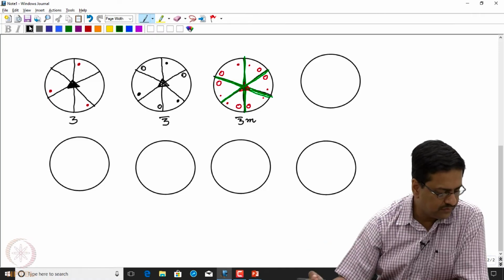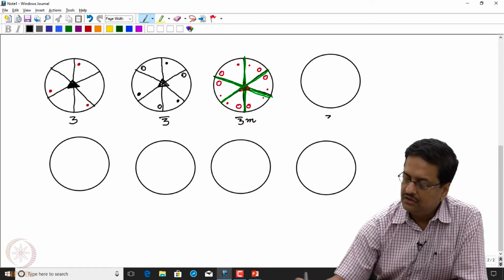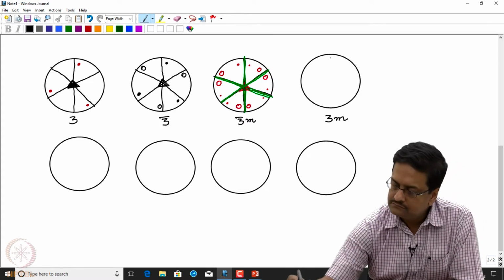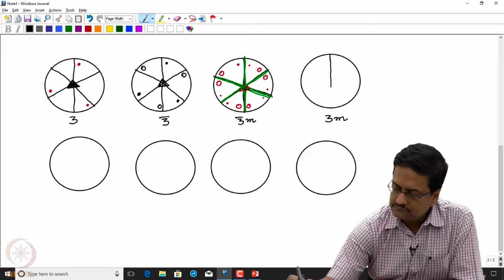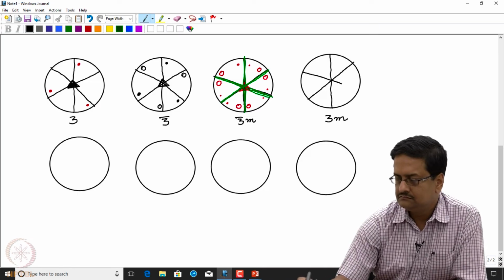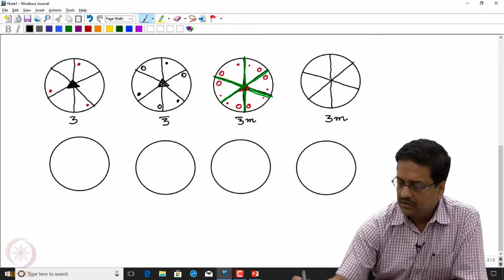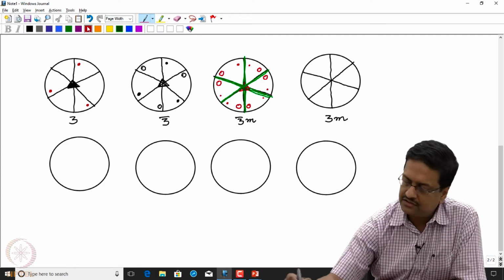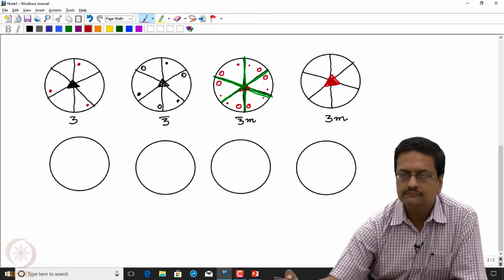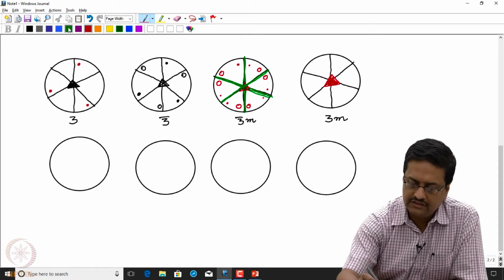What will happen if we want to draw 3M? Once again we divide it into 6 parts. The 3-fold axis is in the center and then we'd like to draw the points.